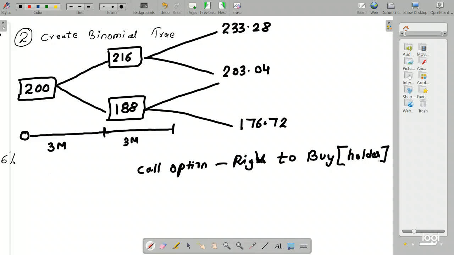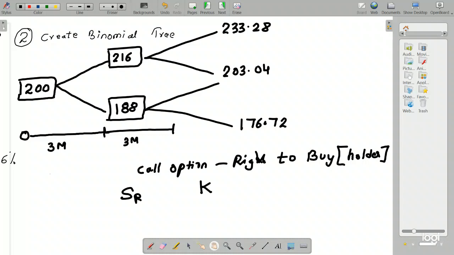So suppose you are the holder of the call option, and think about a situation: when will you exercise it? We have two components, one is the spot rate and the other is K, the strike price. The strike price is fixed, a unique price fixed in the contract, and the only thing that keeps changing is the spot rate, which is happening in this question also.